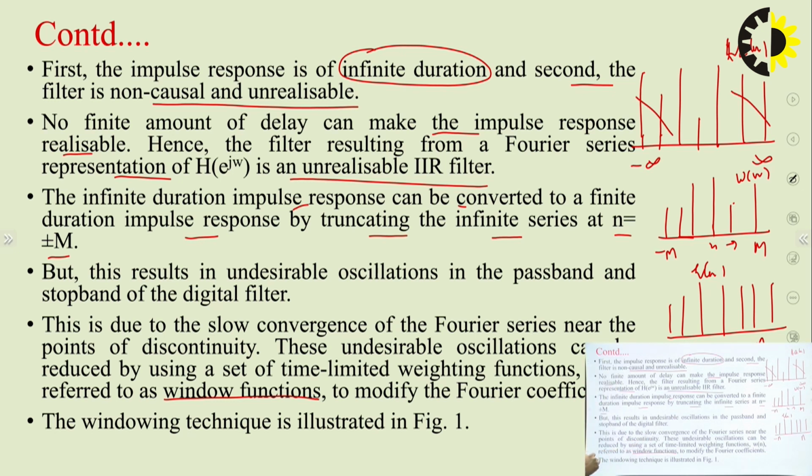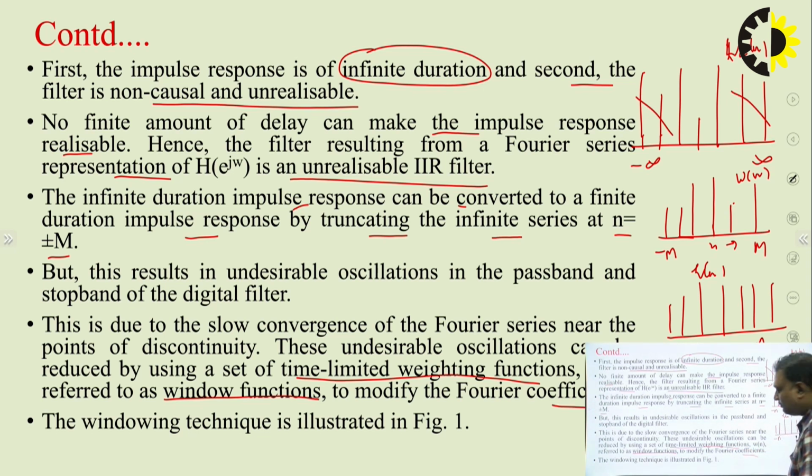So, a time limited weighing function means the length is finite, and it is denoted by w(n) and called a window function, used to modify the Fourier coefficients.